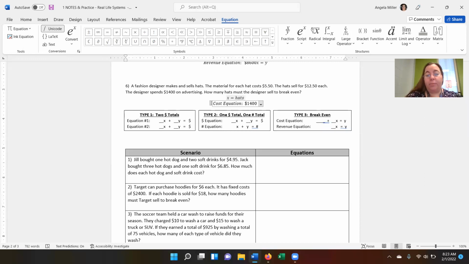Plus, what are my variable costs? Right? Remember, this is the cost. This is how much I have to spend in order to make a hat. So, yep, the material for the hat is $5.50 per hat. So we say $5.50 X, right? Or $5.50 per hat equals Y.